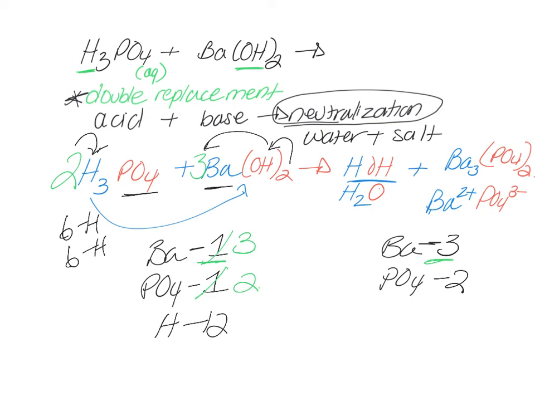Okay, in order for me to get 12 hydrogens here, I would have to put a 6 in front, right? Because 6 times this one would give me 6, and then 6 times this one would give me 6. So I would get the 12 hydrogens in total. So you should see now that it is actually balanced out. You could go through and count the oxygen also if you wanted to, but it will be balanced also. Okay, one more.